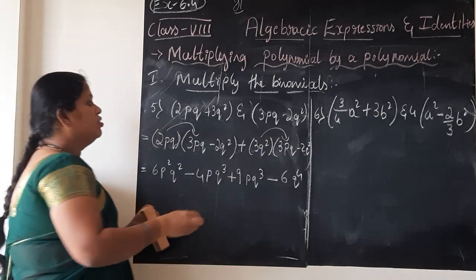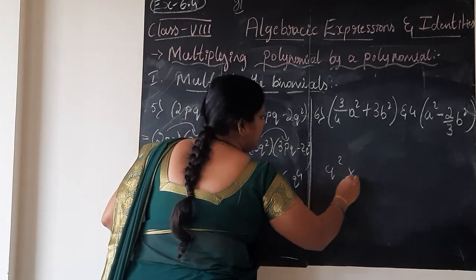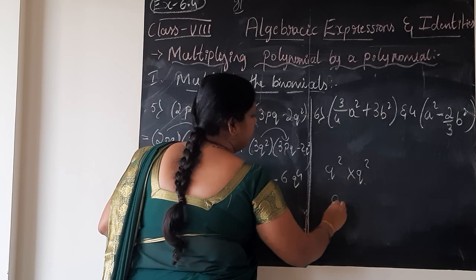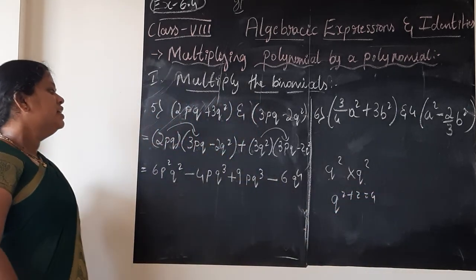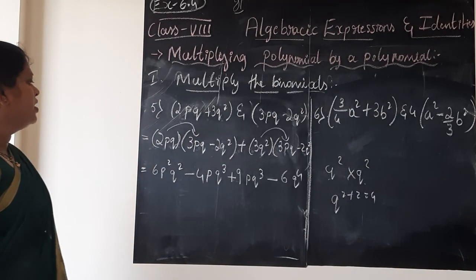Same variable means add their powers, 2 plus 2 which is 4, so minus 6q to the power 4.